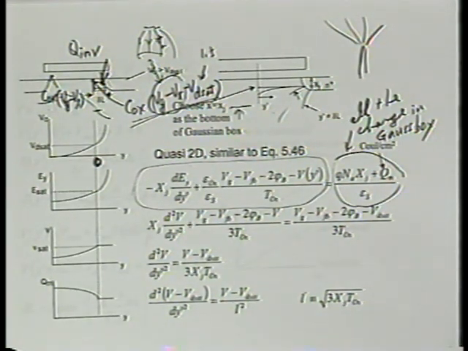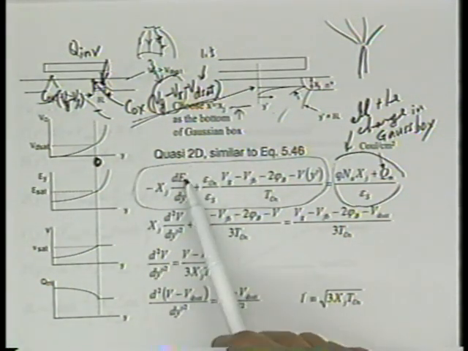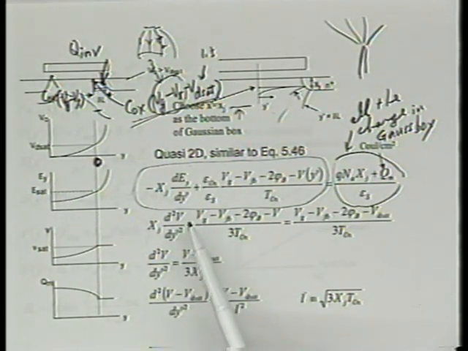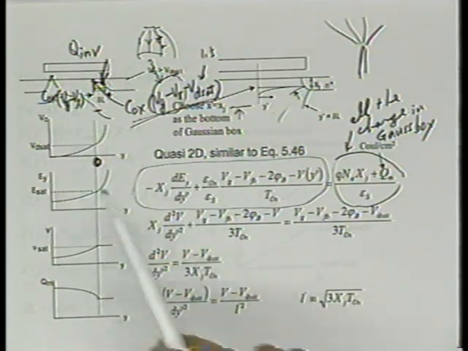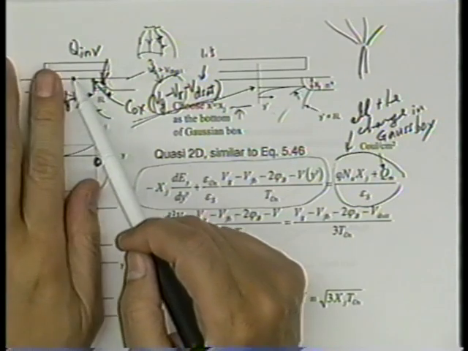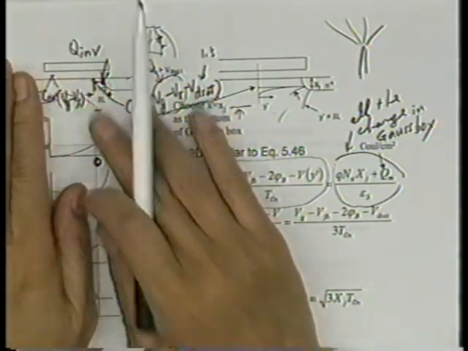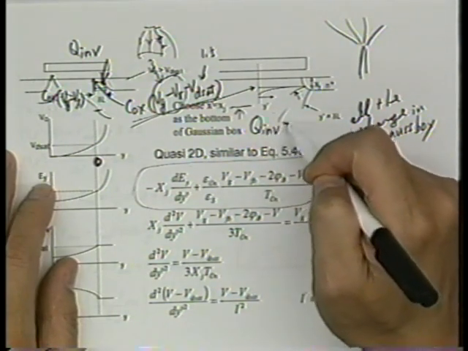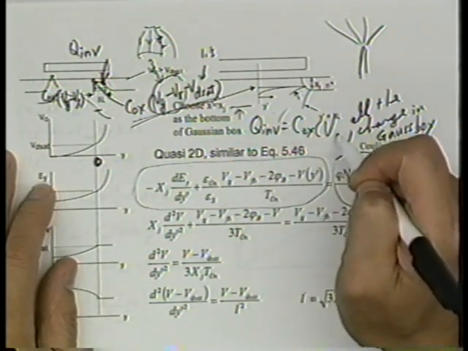Are you following me? All right. At the beginning of the pinch-off region, we can argue the first term is still negligible. In fact, this is what's generally known as the gradual channel approximation: we don't worry about the electric field in the source-drain direction. We only worry about the electric field in the vertical direction. That's what's giving us this result, Q inversion equal to Cox times (Vg minus Vt minus V).